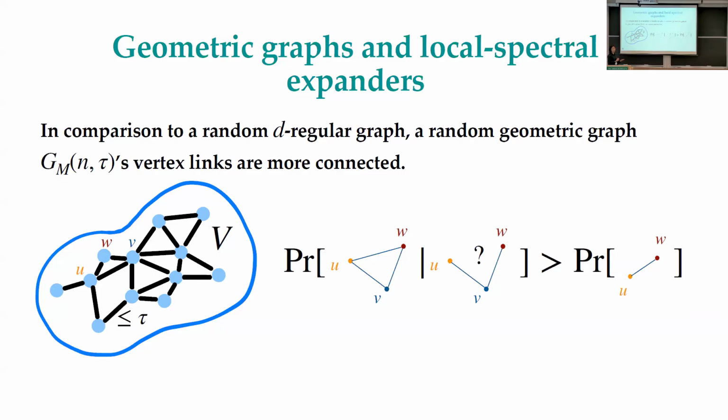In my random model, u and w are sampled randomly, and conditioned on knowing that they're 2τ close, there's a higher probability than d over n of them being connected in this random geometric graph. Because of that, I can imagine the link of a vertex to be denser, because the marginal probability of an edge is higher. So that's why we would expect a geometric graph to behave better than a random d-regular graph when forming high-dimensional expanders. Is this intuition clear?